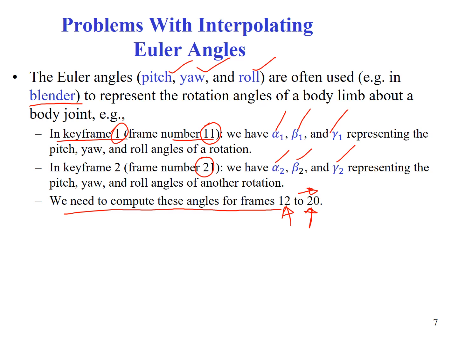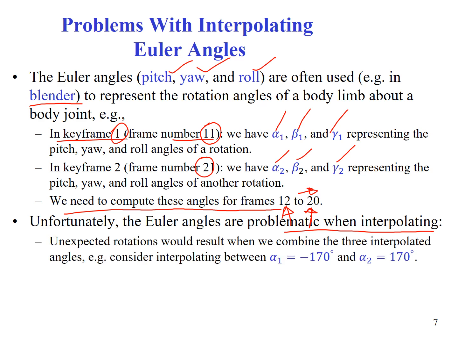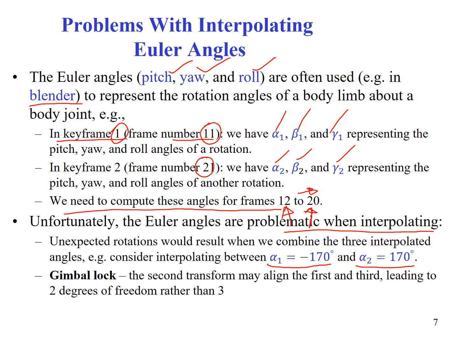The in-between values have to be calculated through interpolation. Unfortunately, the Euler angles are problematic when interpolating, so we cannot interpolate Euler angles without ending up in problems. Unexpected rotations would result when we combine the three interpolated angles. Consider interpolating between alpha 1 equal to minus 170 and alpha 2 equal to 170.